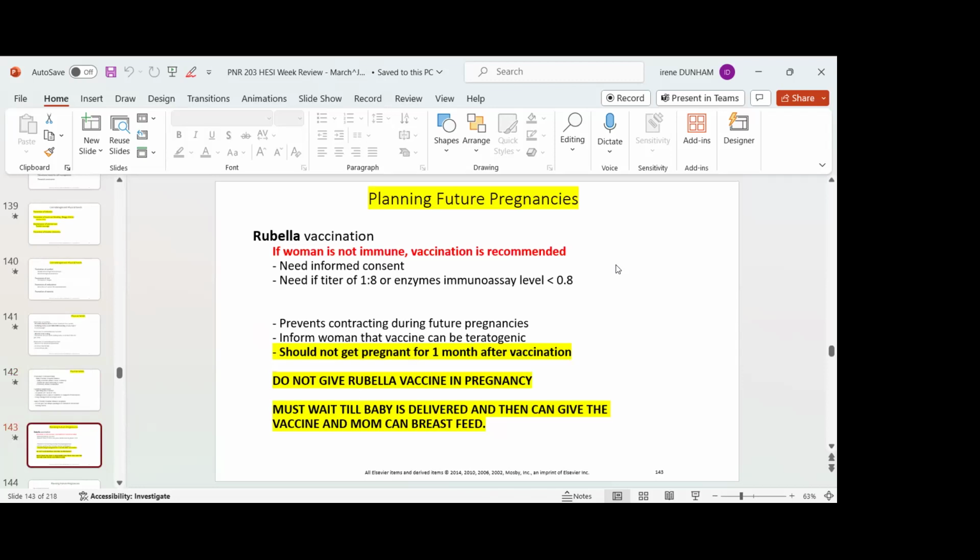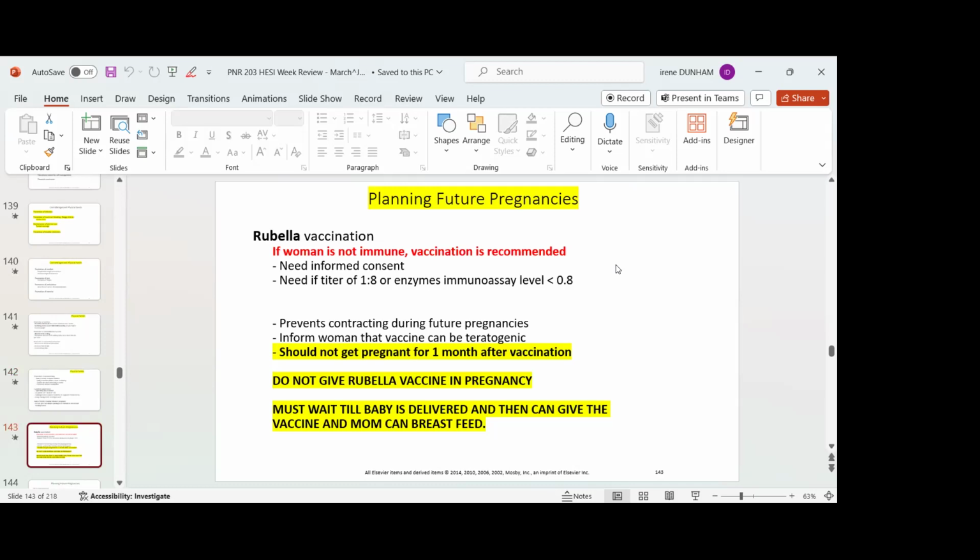Now, she's not pregnant, because you never give a live virus vaccine to a pregnant woman, never. But if she's not pregnant and she's not immune, then let's get her vaccinated. She has to wait a full month before she gets pregnant, and you do need informed consent.